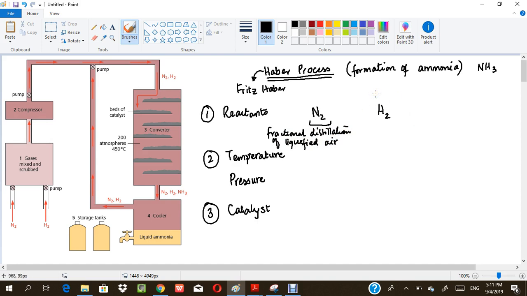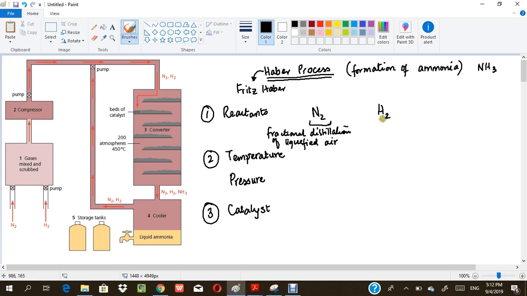Even though hydrogen is a component of air, we cannot obtain hydrogen in sufficient quantities from fractional distillation of air. The reason being that we have a very small proportion of hydrogen in the air, and obtaining it through fractional distillation of air would be an extremely uneconomic and inefficient process.